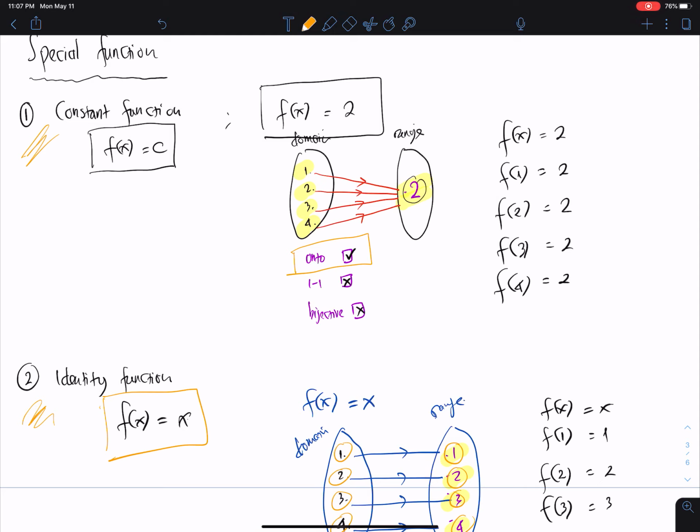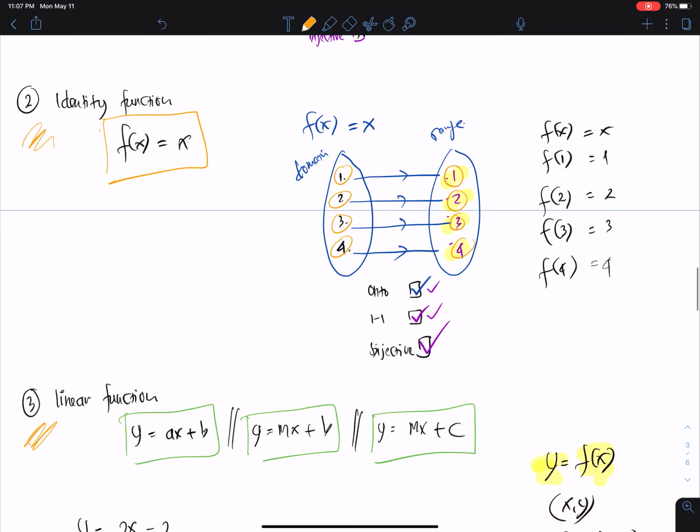They are not one-to-one, and definitely not bijective. And for the identity function, we know that it satisfies the criteria as onto and satisfies the criteria as one-to-one. So we can say that identity functions are bijective functions.